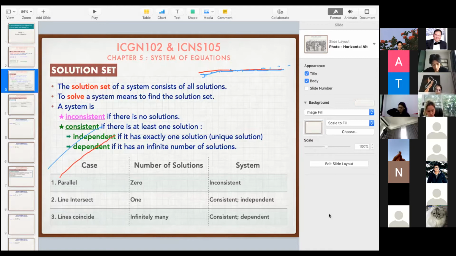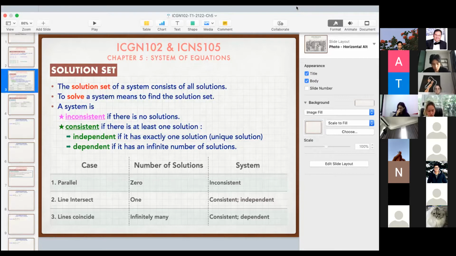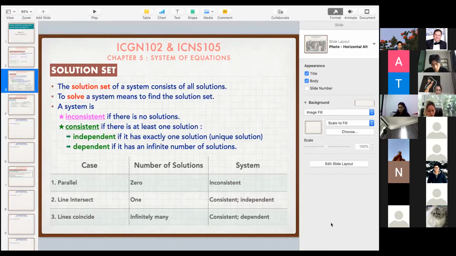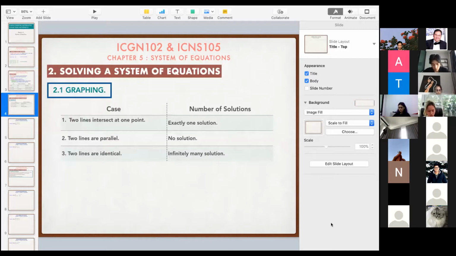Okay, so when we talk about graphing, in order to solve the system of equations, we have many techniques that I told you before. The first technique that we may use is what we call graphing.